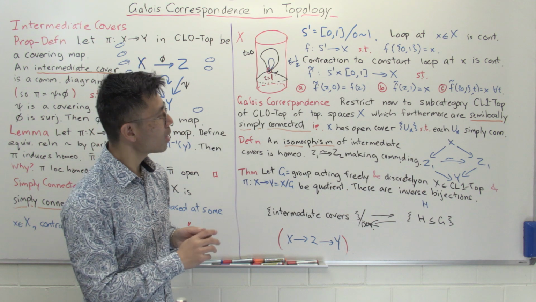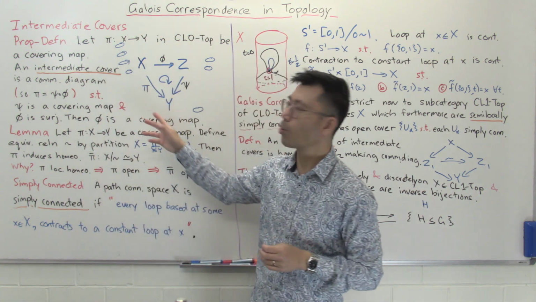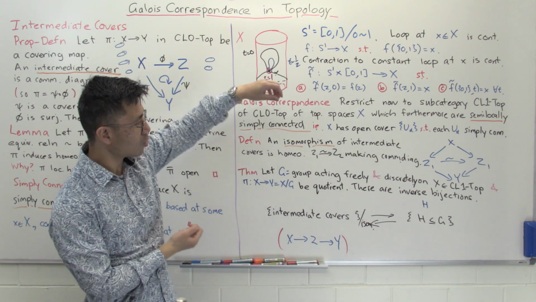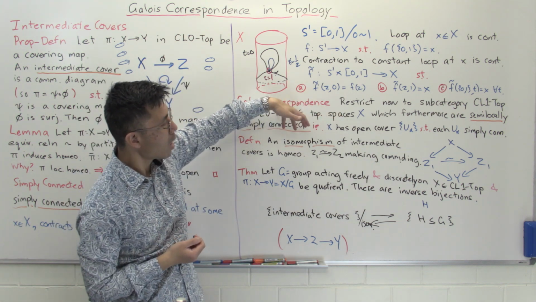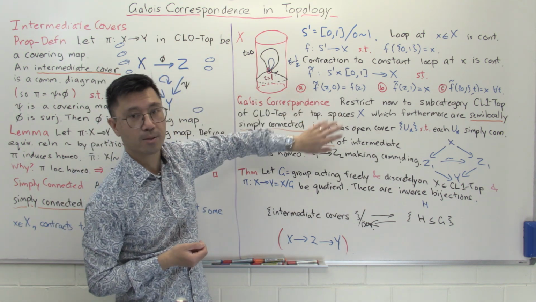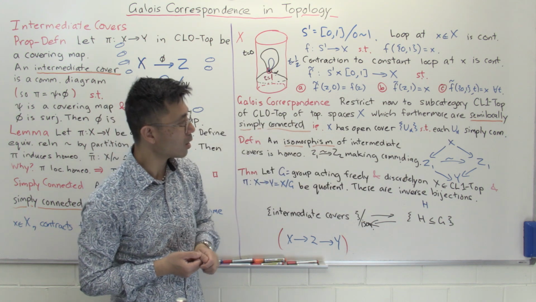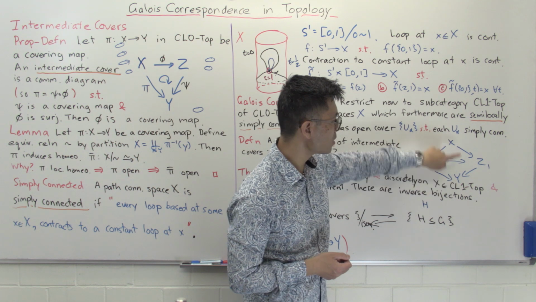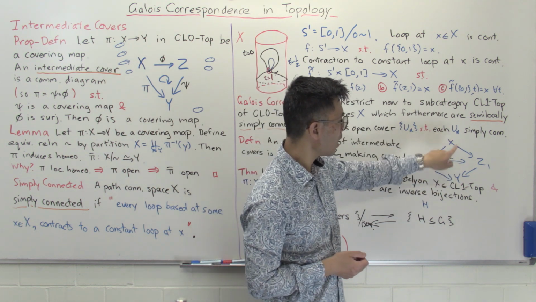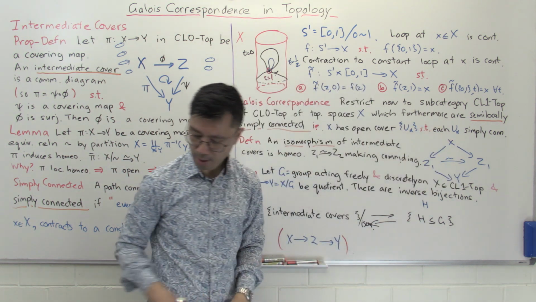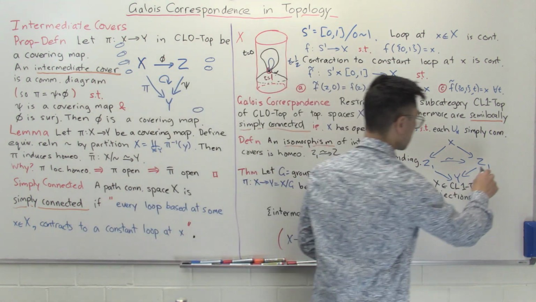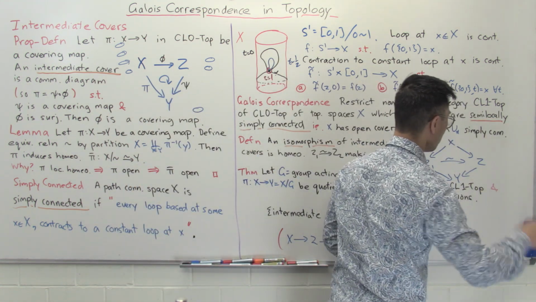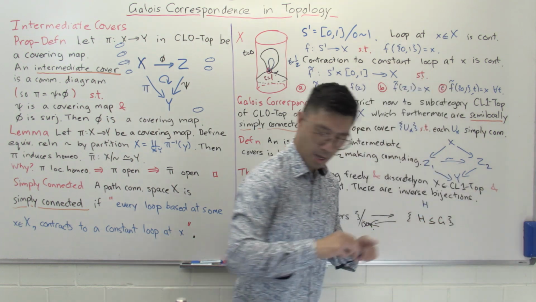I've mentioned a slight subtlety with working with intermediate covers before, so let me make sure we know how to get around it. We need the notion of an isomorphism of intermediate covers. Suppose you have two intermediate covers of X to Y, so X goes to Z1 to Y, and X goes to Z2 to Y. What's an isomorphism?